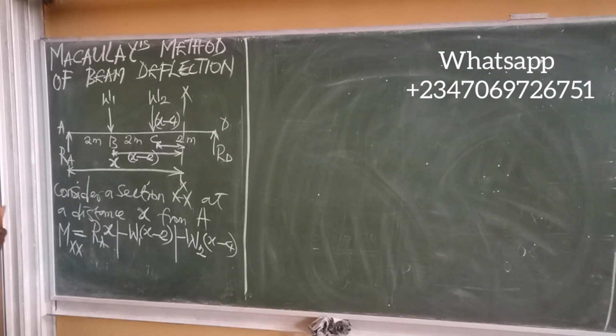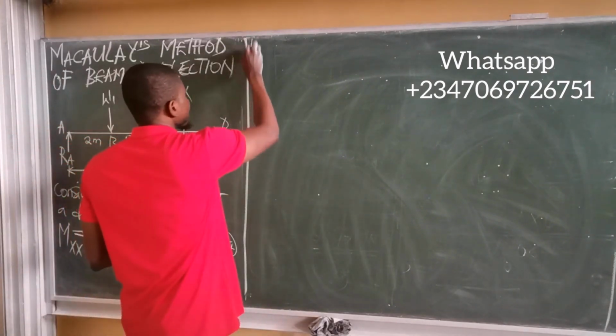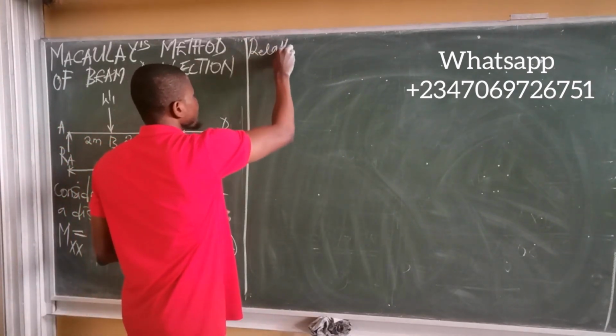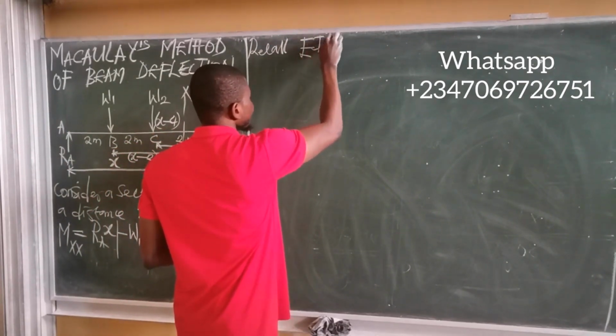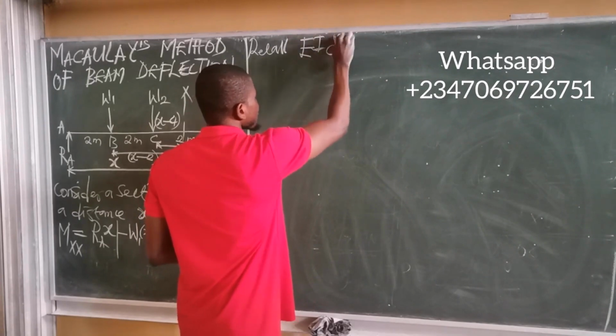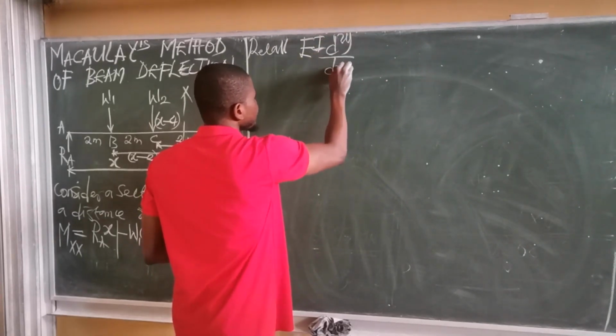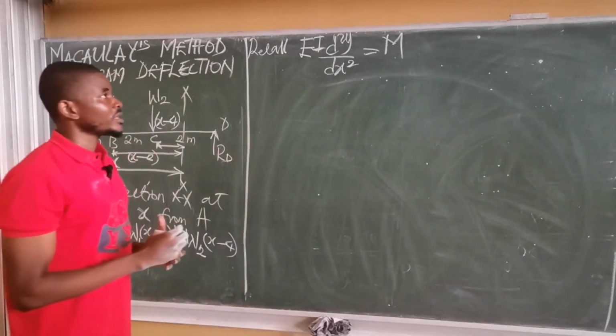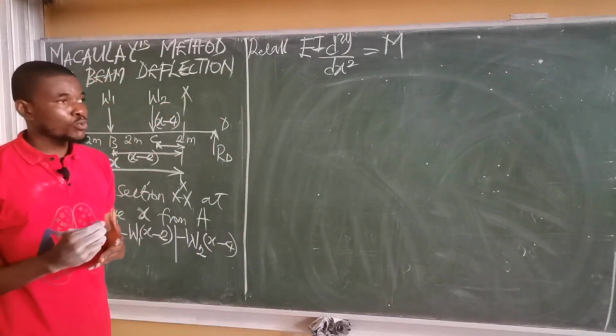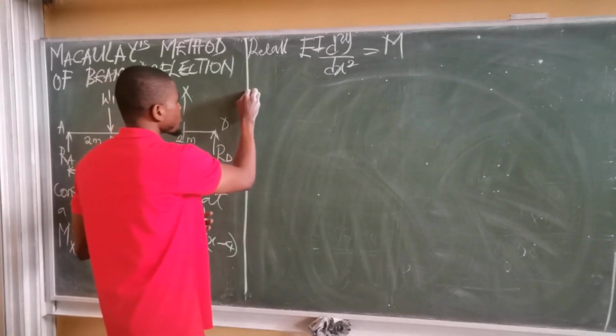Now, recall from your bending equation, you have that flexural rigidity, which is EI d squared y over dx squared, is equal to what? Moment. That's your bending equation. EI d squared y over dx squared is equal to moment. So that simply means we are going to now employ that.